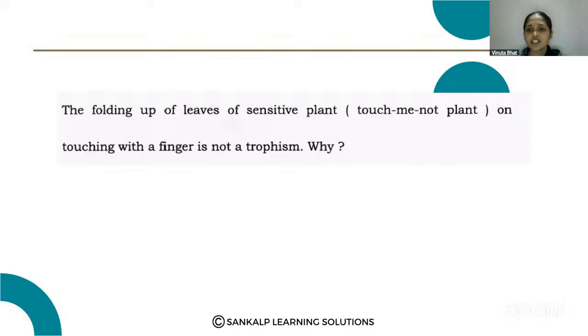But touching causes a movement of water that droops or folds the leaves. So it's not a tropism because the folding of the leaves does not take place in a particular direction.